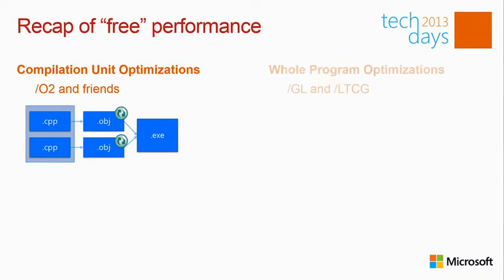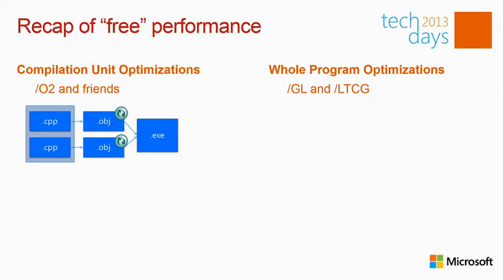The next interesting phase of optimization, we call it whole program optimization. From our telemetry, maybe 60% of our customers use it, but 40% don't. And for those 40%, please go use it because it's almost free to you.